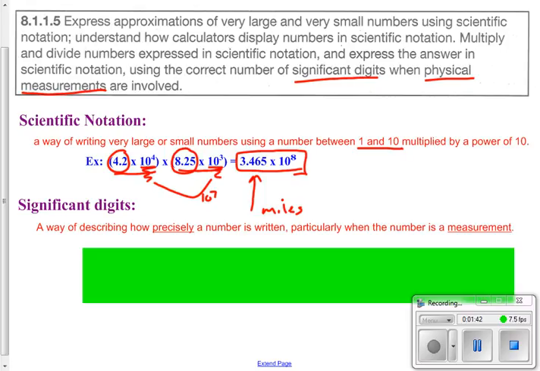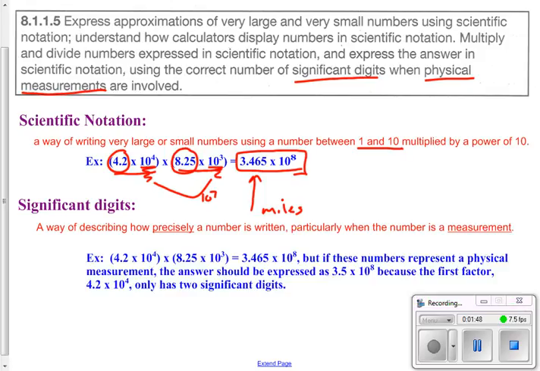So significant digits go along these lines. I take the same example where you had this answer in scientific notation. Since it is a physical measurement, the answer should be expressed as 3.5 times 10 to the 8th.